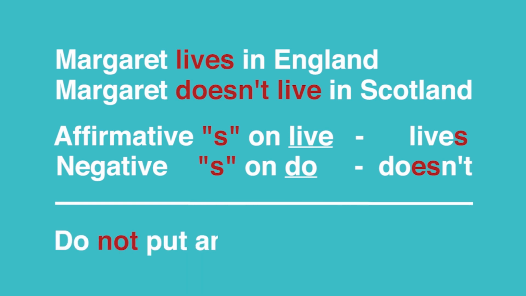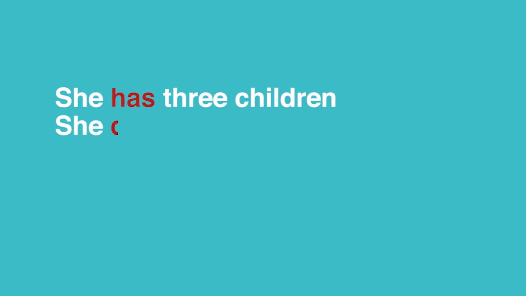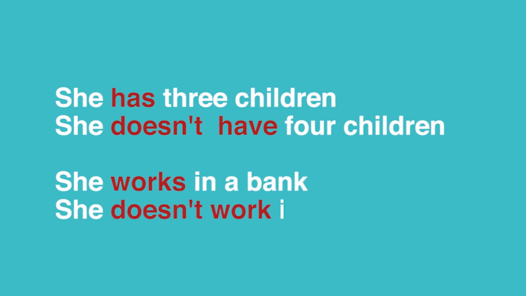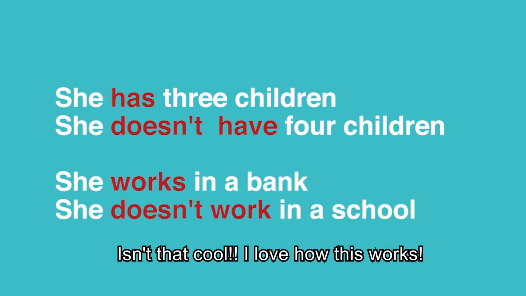We do not put an S on the verb live. Let's see the other 2 transformations. She has 3 children. She doesn't have 4 children. She works in a bank. She doesn't work in a school. Isn't that cool? I love how this works.